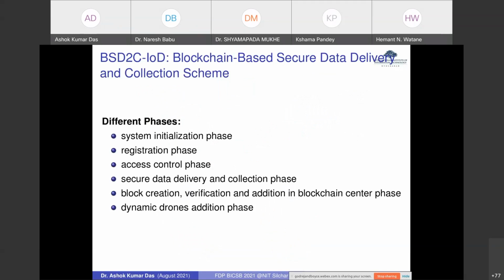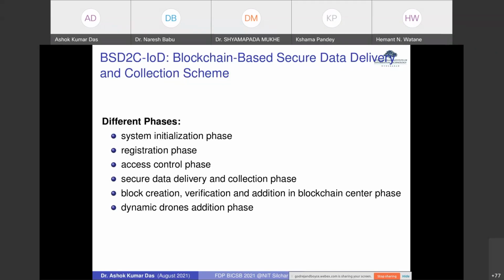For example, we have used an elliptic curve based cryptosystem here: elliptic curve parameters, base point, one-way hash functions, and private and public key based parameters using ECC need to be initialized in this phase. After that, the registration phase is there, which is responsible for the registration authority to register the control rooms. Control rooms will register the GSS as well as the drones in the network.